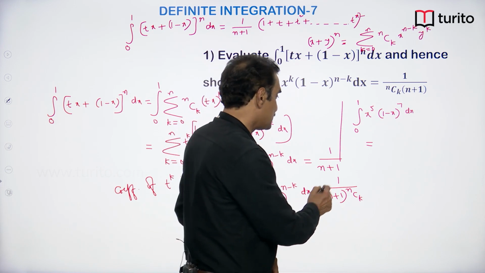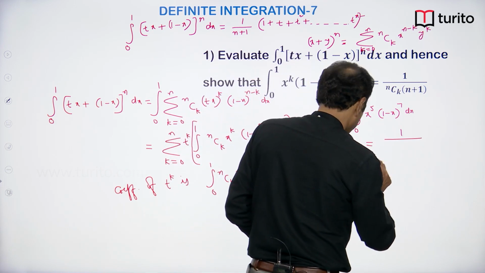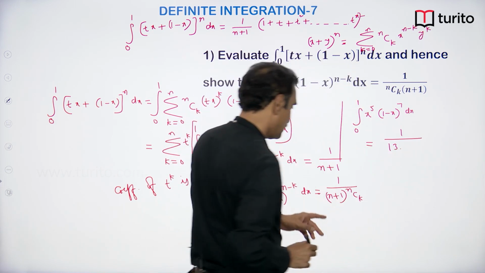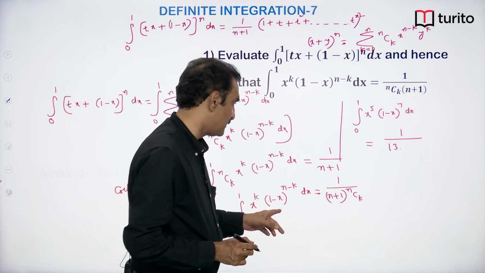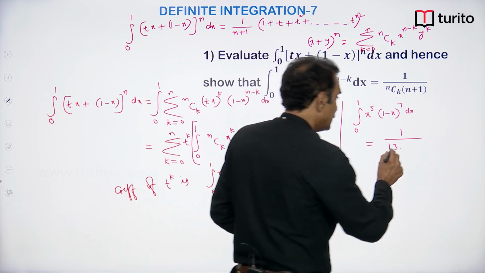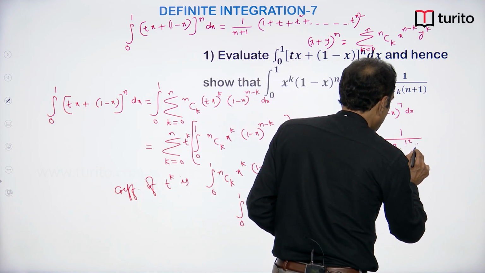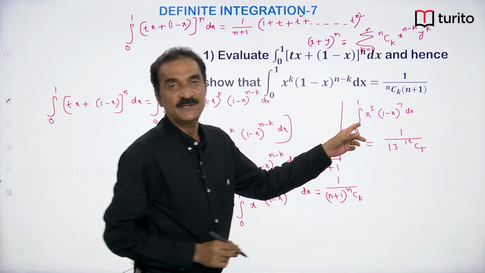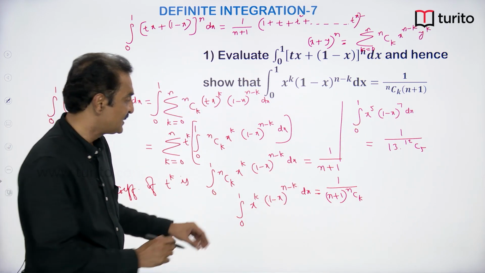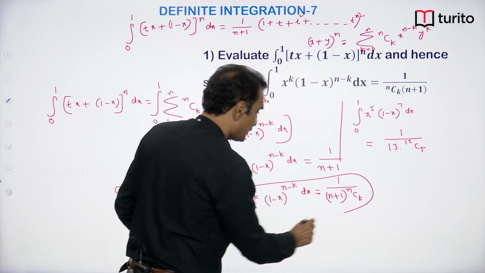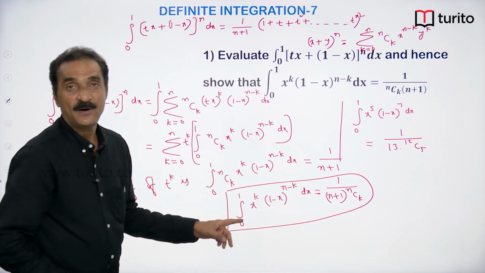Then what will be this answer? 1 by 13 into nCk, where n is 12, so it is 12C5. The value of this integral is 1 by 13 into 12C5. In this way, we can use this as a formula. So, all of you take this as a formula.